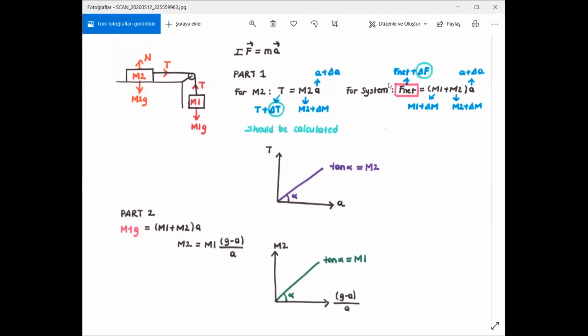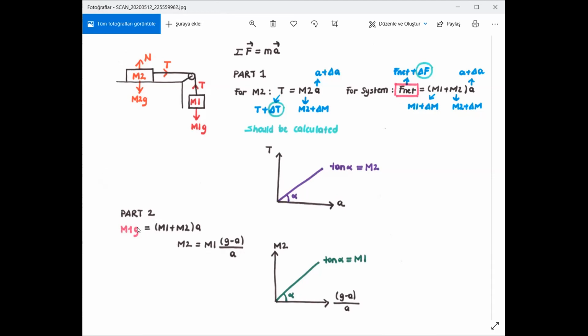The net force affecting the system is also equal to M1 times g.